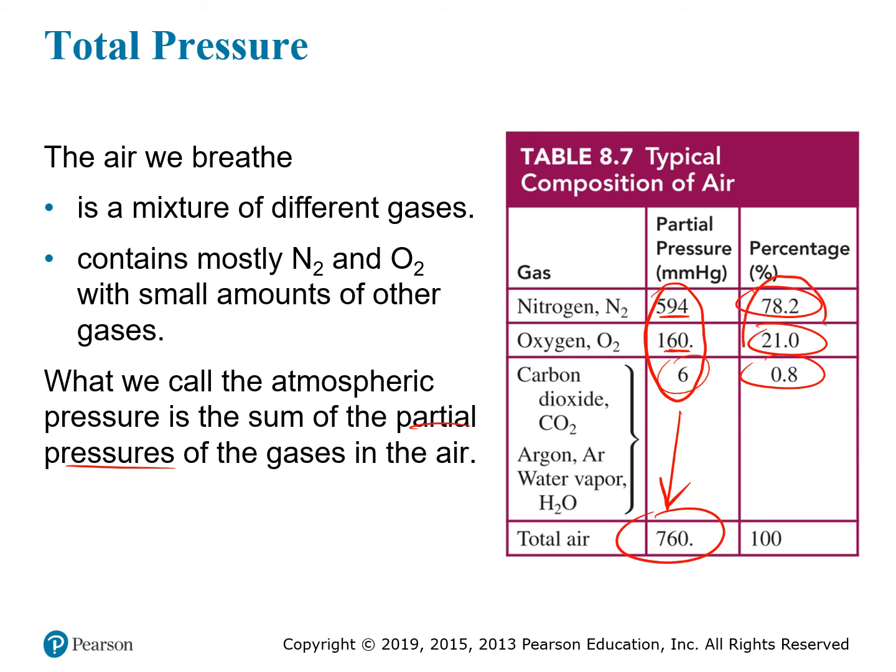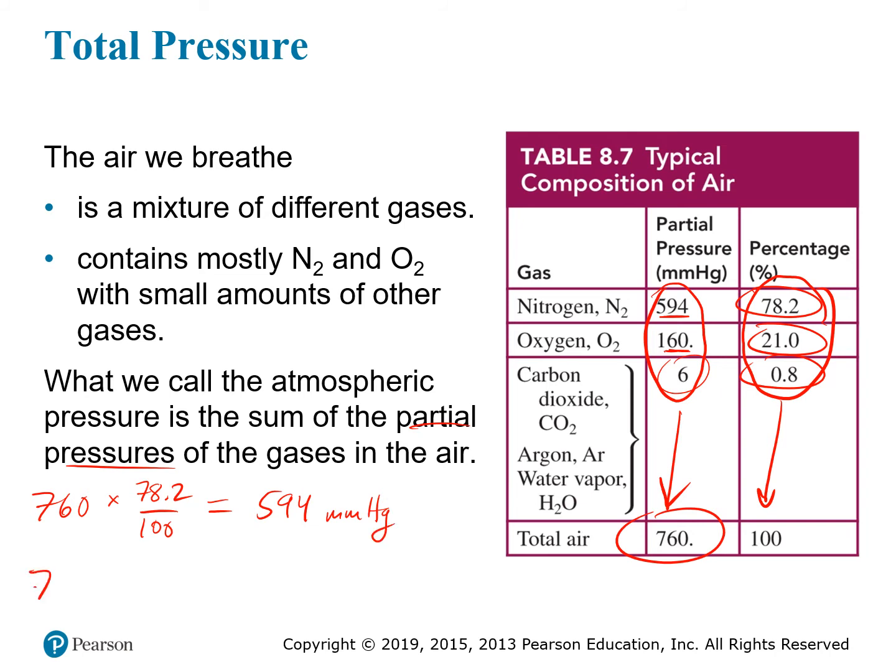Just like if you add up these percentages, you're going to get a total of 100%. Okay? And actually, if you look at these percentages, the molar percents will be the same as the partial pressure percentages. So in other words, if we take the total pressure of 760 and we multiply it by 78.2 divided by 100, we're going to get the partial pressure of nitrogen, 594 millimeters of mercury.